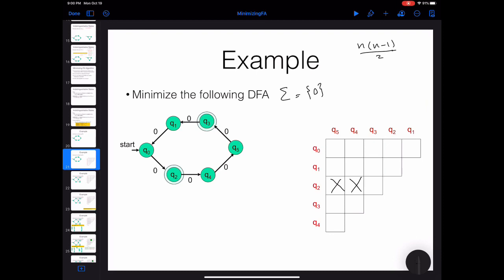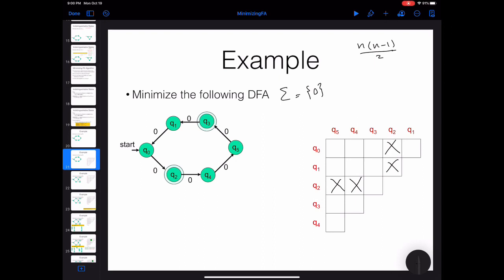For Q4, it's not going to be equivalent to Q0, it's not going to be equivalent to, what else, Q5, and Q2, Q0, and Q1, okay?